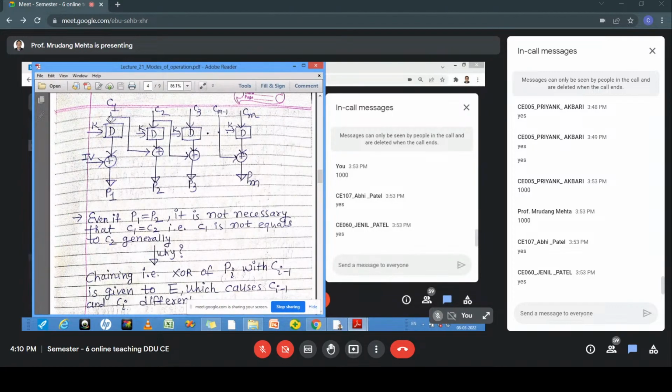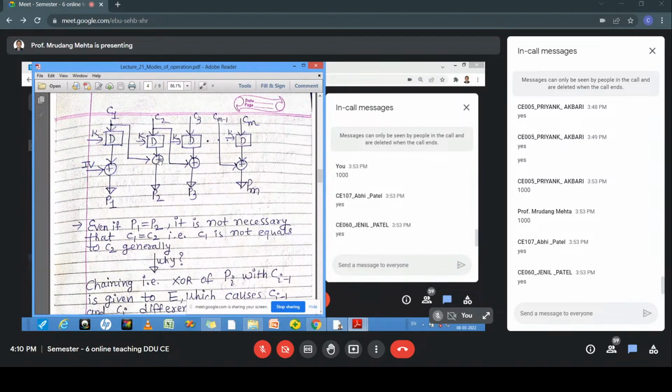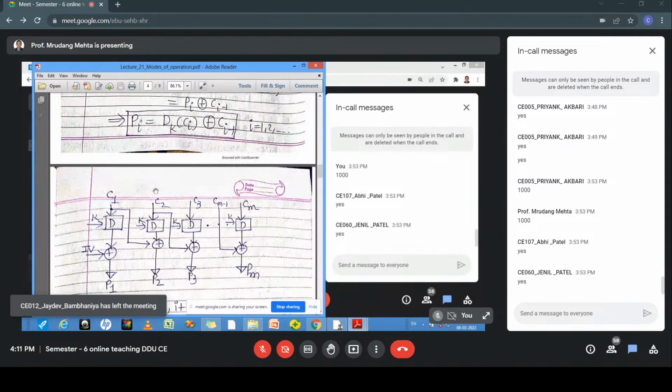Now, for the second value, we will give this ciphertext C1 here. So C2 and key K are applied on the decryption block. The output, the intermediate plain text, is XORed with C1, and that gives us plain text P2. So it is as per this formula, D of Ci.